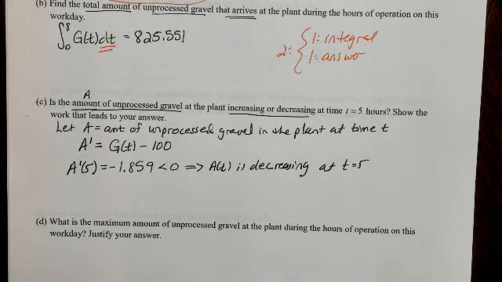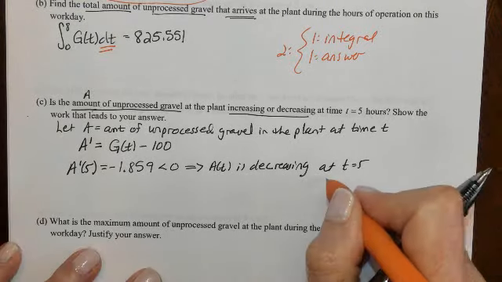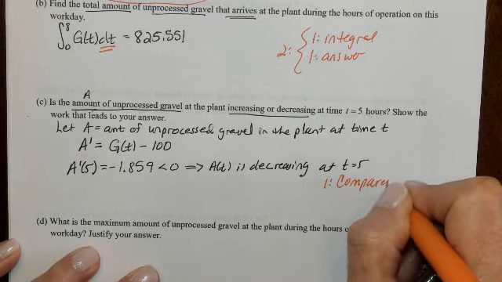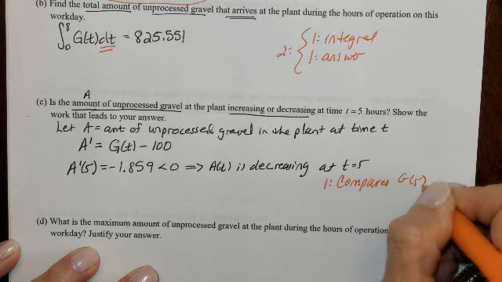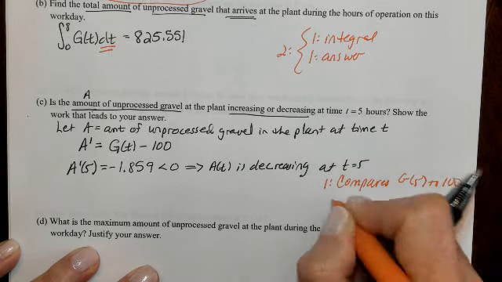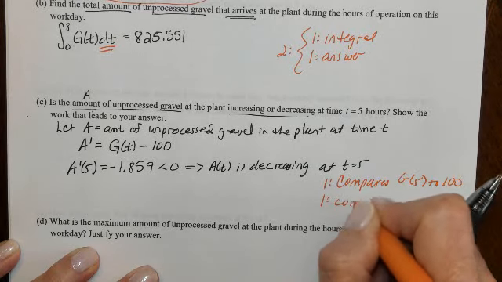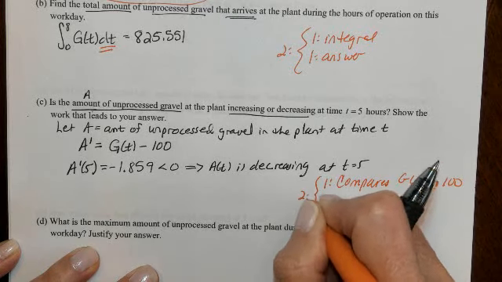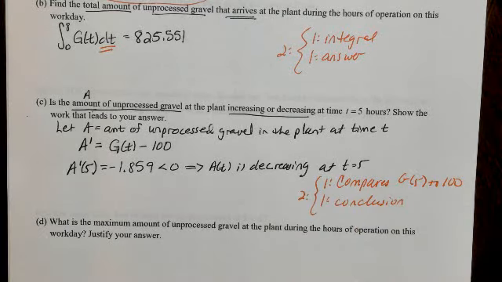This was worth 2 points. 1 point, this is what they said, compares G of 5 to 100, and then 1 point for the conclusion. So did we compare G of 5 to 100?